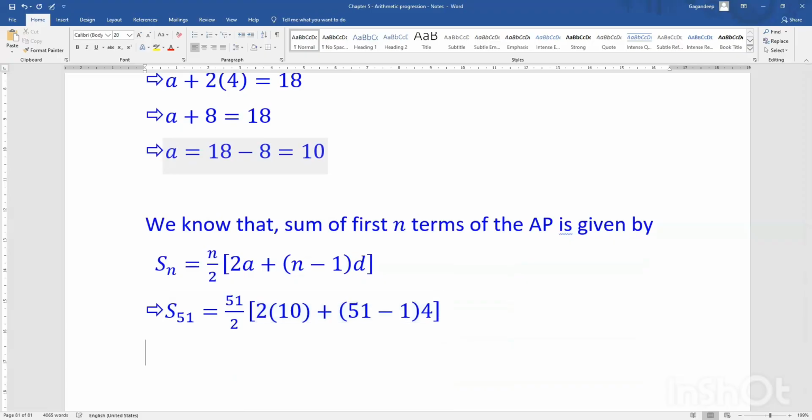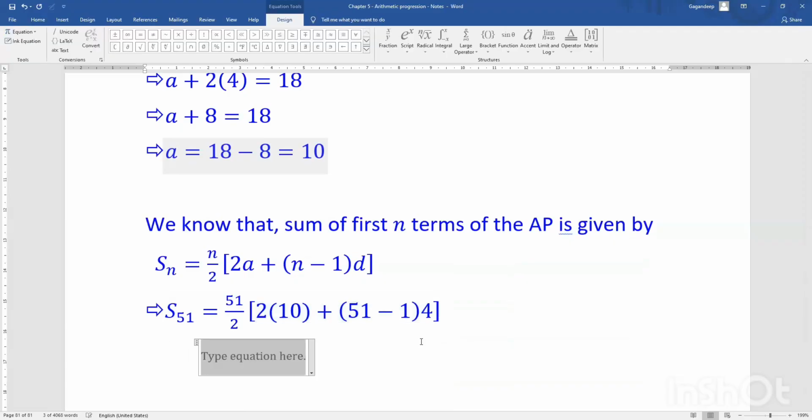Okay. Next, it's equal to 51 by 2 bracket 2 into 10 is 20, 20 plus 51 minus 1 is 50 into 4, right? 50 into 4 bracket close.